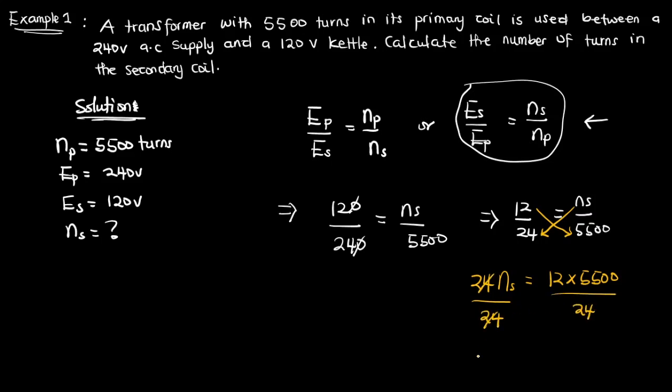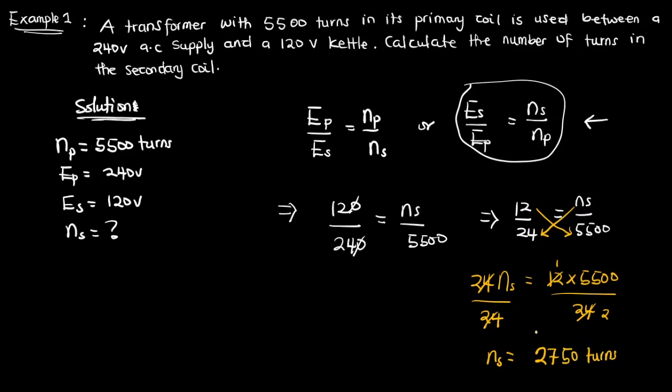This will cancel this. So my NS is equal to, 12 will go into itself 1, and into 24 2 times. So this becomes 5,500 divided by 2, and this will give me 2,750 turns.